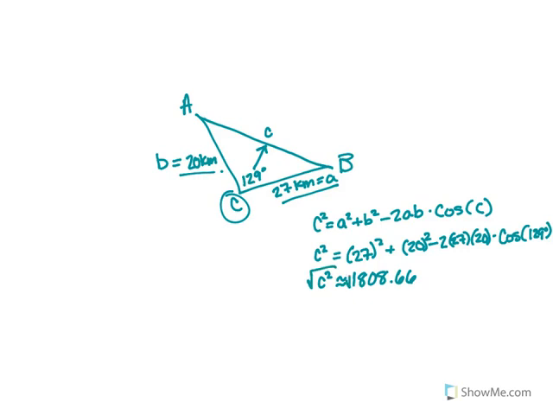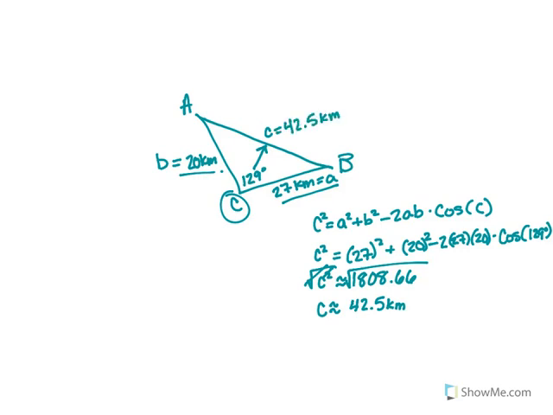So now we just need to square root this to get C by itself. So C is approximately, click second and do the square root, second and the negative sign, which does answer. And you should get 42.5 kilometers.